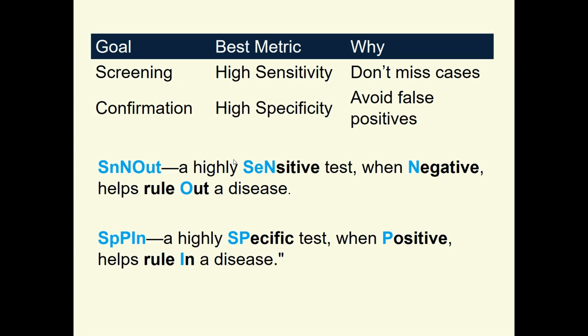Whereas for SPIN, a specific test, when it is positive, it confirms that the person has the disease. Therefore, it is a rule in for the disease.